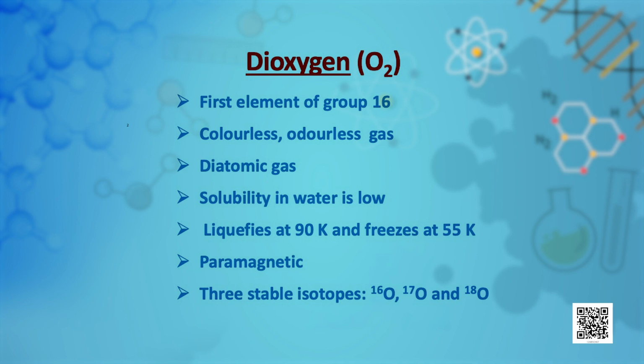Oxygen is unique in being paramagnetic in spite of having an even number of electrons. Oxygen atom has 3 stable isotopes: oxygen 16, oxygen 17 and oxygen 18.